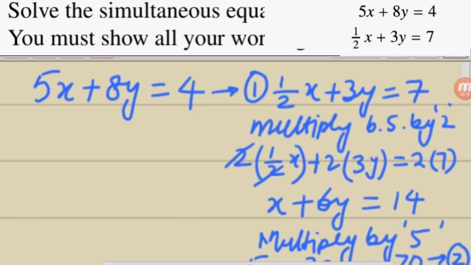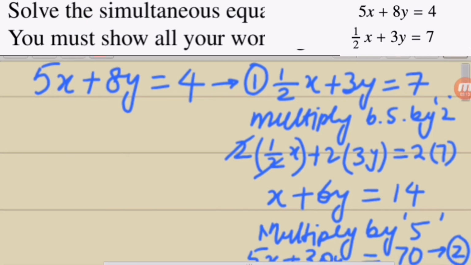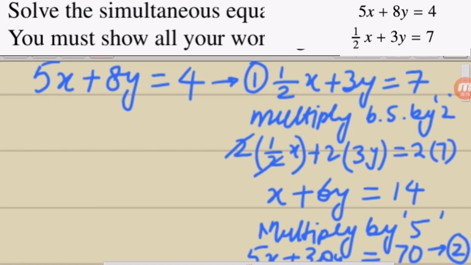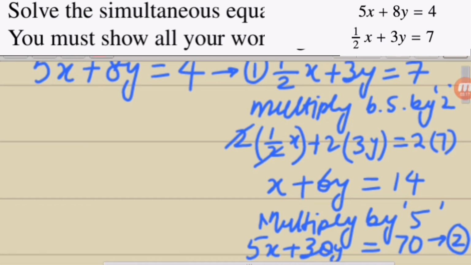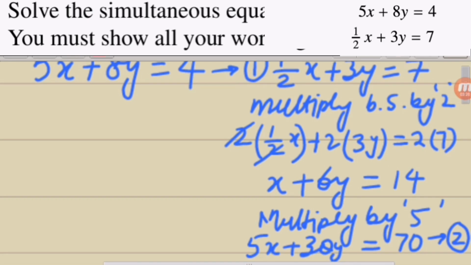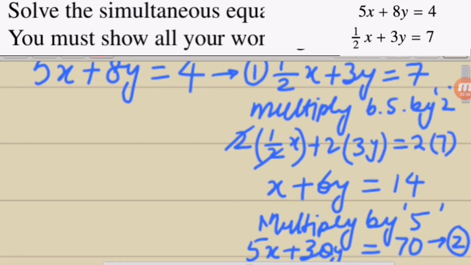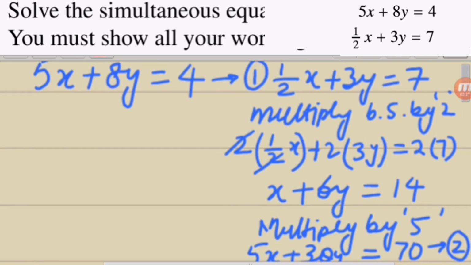And after this, we add these equations or subtract these equations. What we decide about it, let's look. These are the two equations before you. As their x coefficients are of the same sign, we subtract.